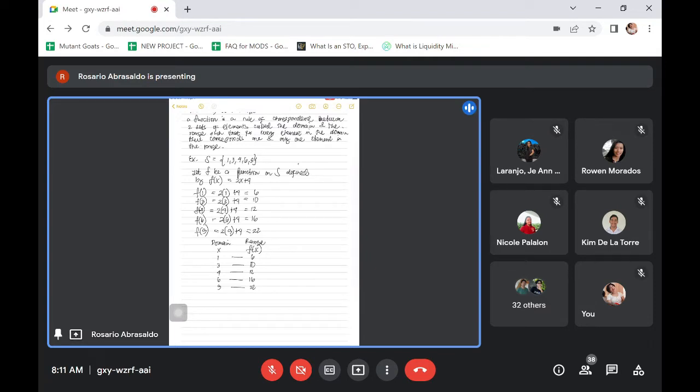So, for the sigma notation, class, we have the formula here, or the definition.